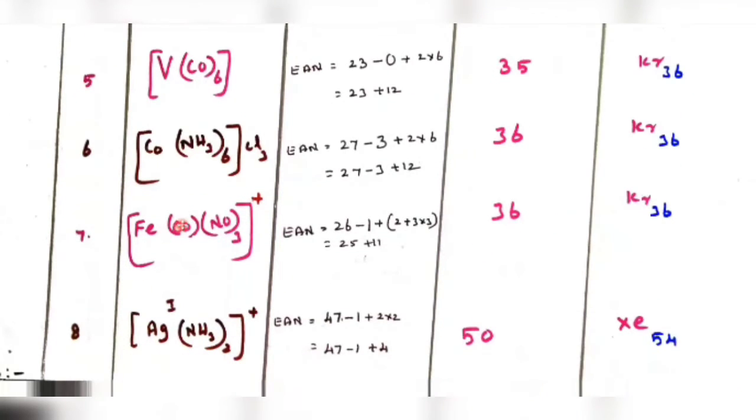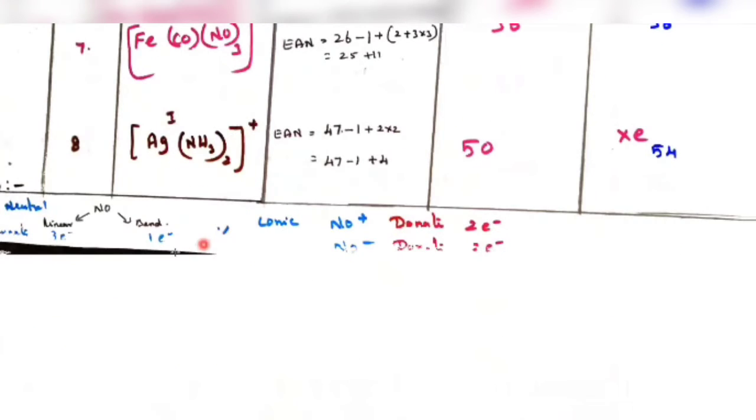Next, iron with CO carbonyl and NO nitrosyl, 3 times. CO is unidentate, but NO alone is not unidentate at all. NO nitrosyl, a neutral molecule, has a linear form as well as a bent form. If it is in a linear form, it donates 3 electrons.